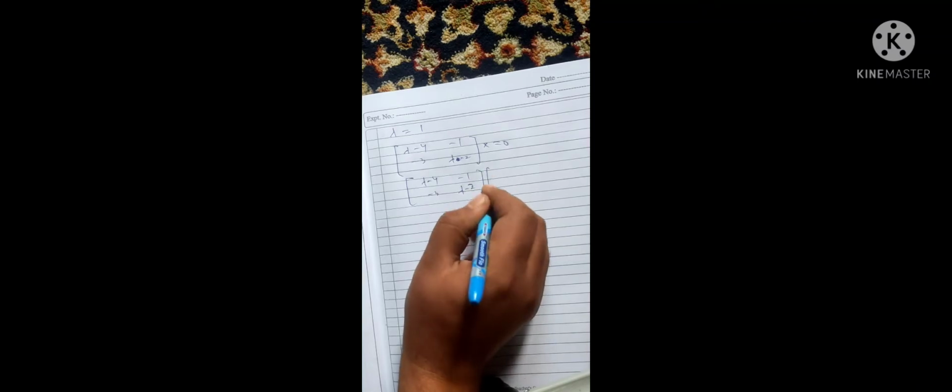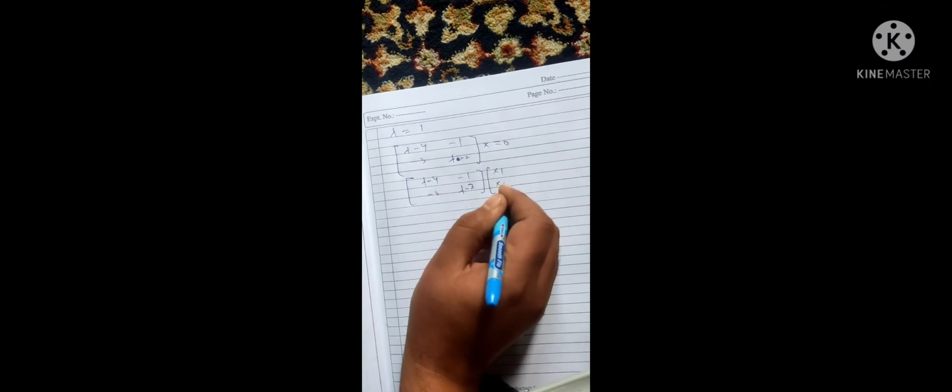So our equation in the form of matrix is lambda minus 4, minus 3, minus 1, lambda minus 2, into x is equal to 0. We'll write x as x1 x2.